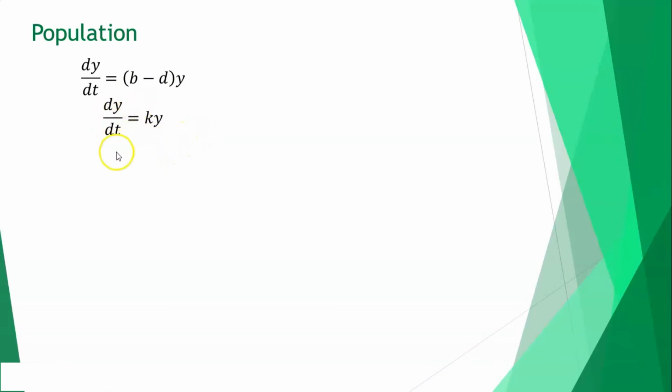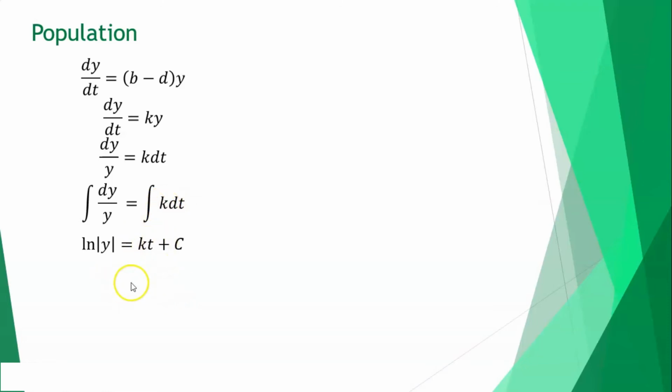Simplifying, cross multiply, so this becomes dy over y is equal to k dt. Getting the integral of both sides, the integral of dy over y is ln of y. The integral of k dt, where k is a constant, becomes kt plus c.